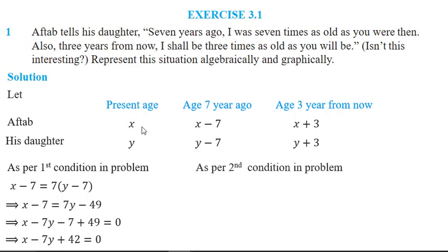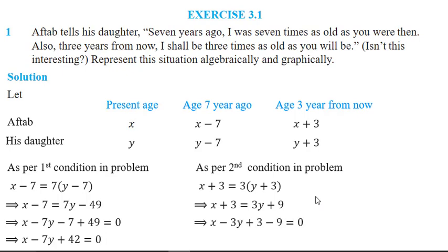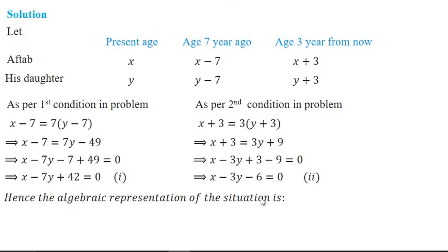Similarly, from the second condition, x plus 3, which is age after 3 years, will be 3 times age of his daughter. So x plus 3 is 3 times y plus 3. On simplification, I get x minus 3y minus 6 equal to 0. So the algebraic representation of this situation is x minus 7y plus 42 equal to 0 and x minus 3y minus 6 equal to 0.